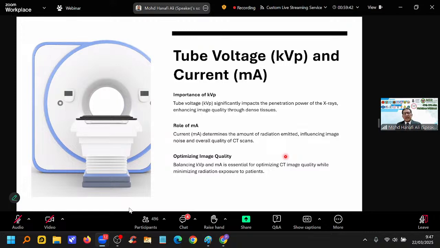Then only we can minimize the dose to the patients. So playing around with kVp, mA, and other primary factors really helps us to optimize the image quality compared to the radiation dose.